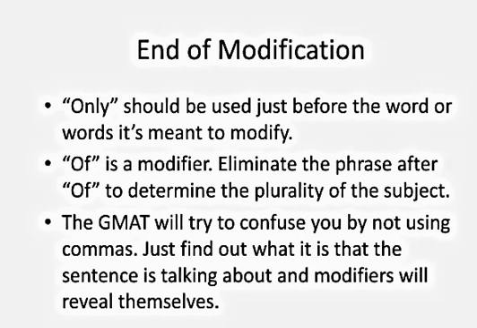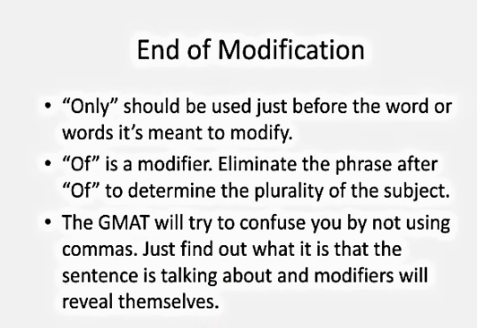Now when we look at the GMAT and the psychology of it, this is the last point today. The GMAT will try to confuse you by not using commas. Just find out what the sentence is talking about, and the modifiers will reveal themselves.